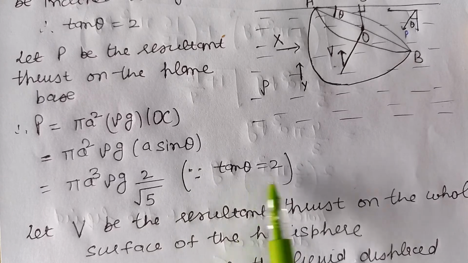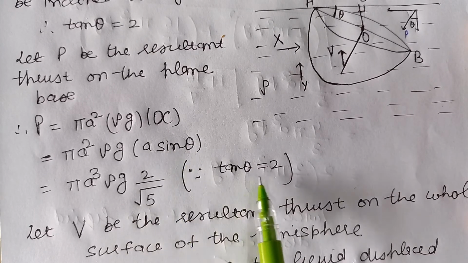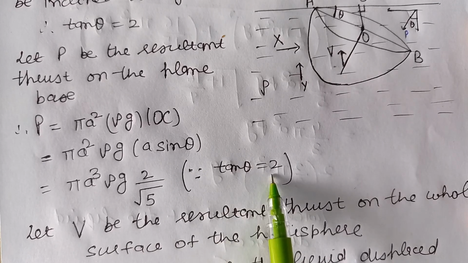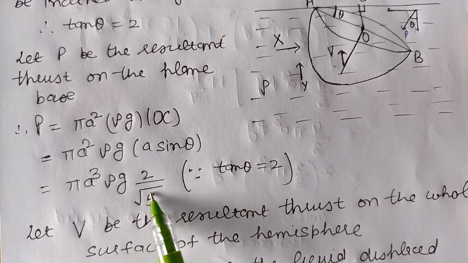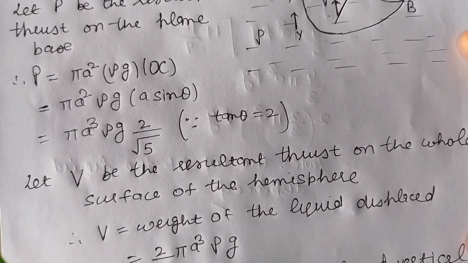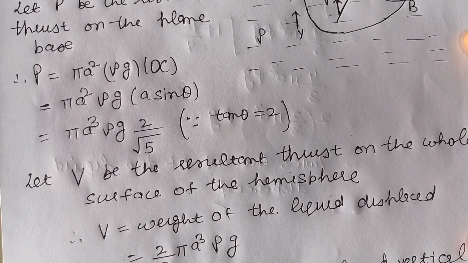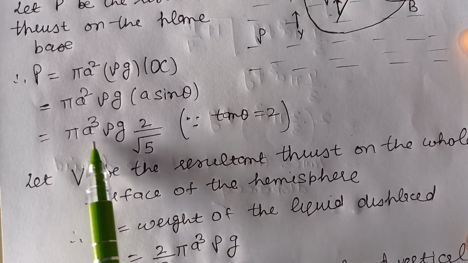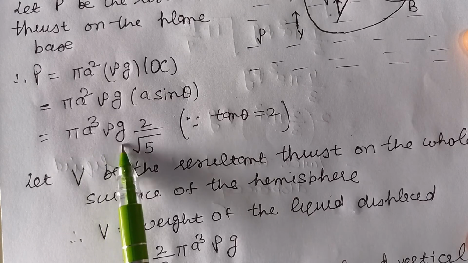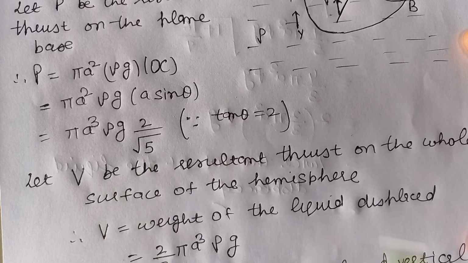Now, because tangent theta is given to be 2, we can find sine theta, which will be 2 by root 5. So we get the value of the resultant thrust on the plane base, which is given by pi a cube into rho into g into 2 by root 5.